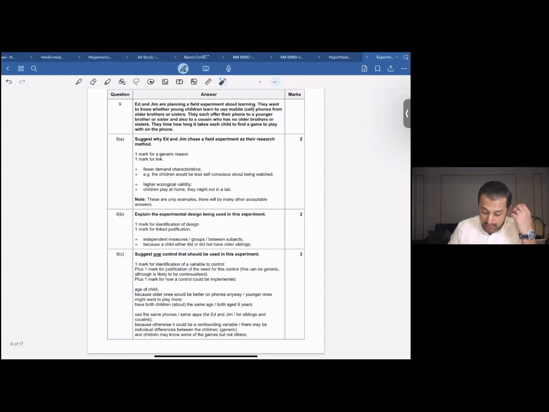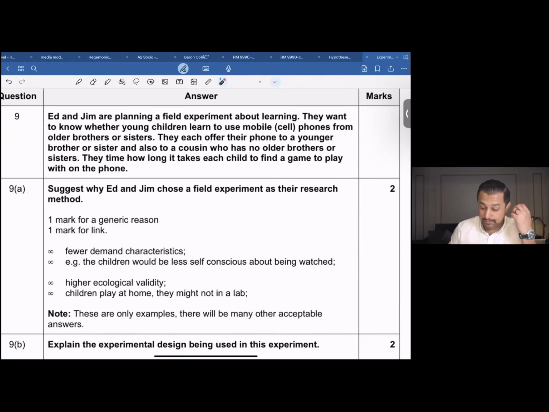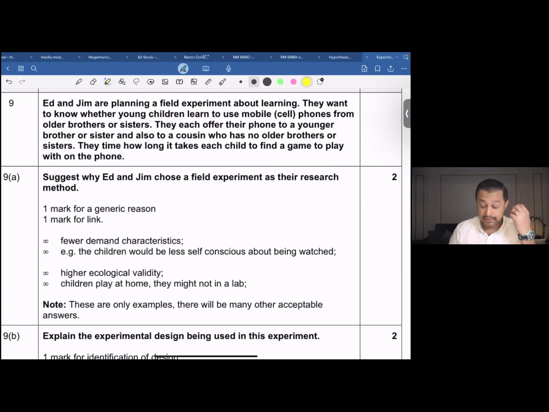Let's quickly move on and let me walk you through a question that would help you identify these different experimental designs. This is an example of a novel research situation question. Ed and Jim are planning a field experiment about learning. They want to know whether young children learn to use mobile phones from older brothers and sisters.